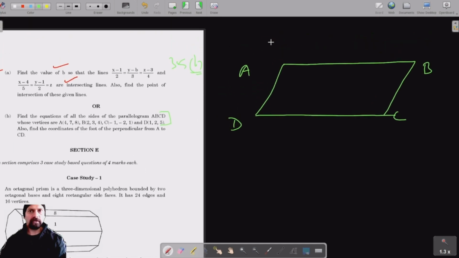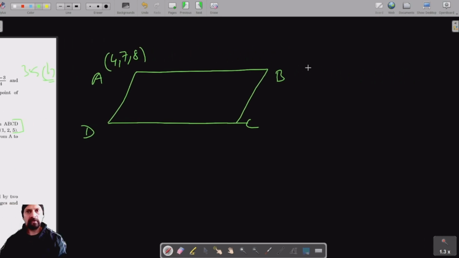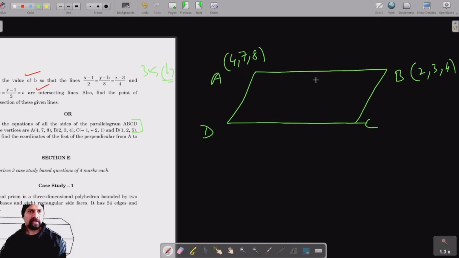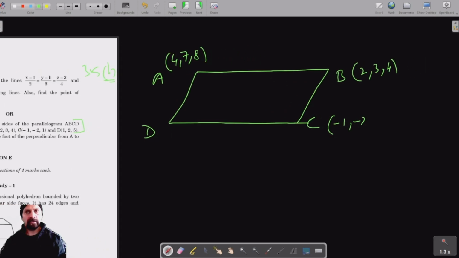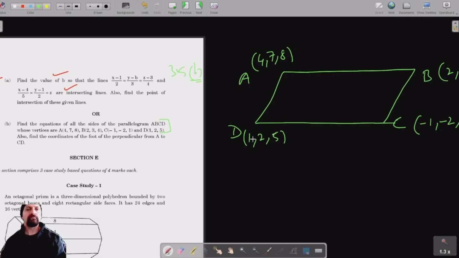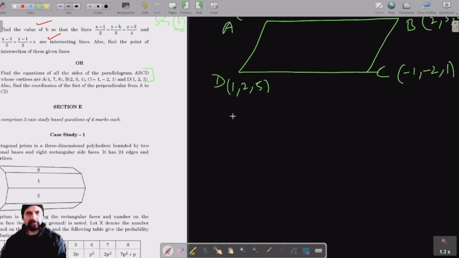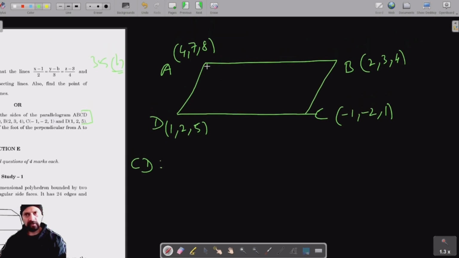Now the coordinates of A are 4, 7, 8, and B are 2, 3, and 4. And coordinates of C are negative 1, negative 2, and 1. And coordinates of D are 1, 2, and 5. So equations of all sides. The first one is AB.